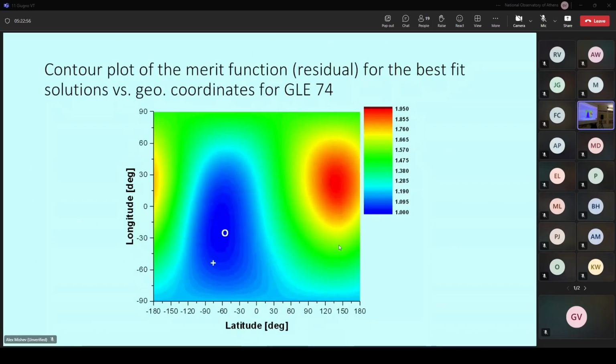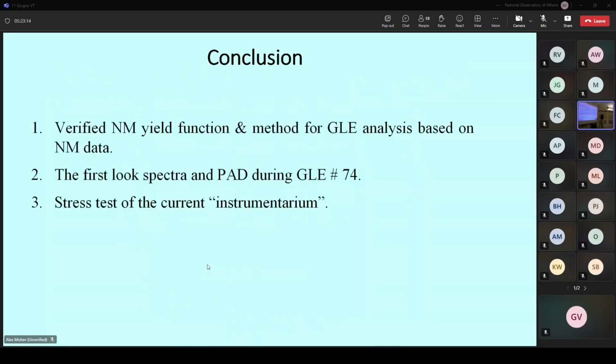Verification of the anisotropy axis position was performed by a Bayesian method. So this is a contour plot of the minimum residual of the fit, where the cross is the direction of the interplanetary magnetic field. And okay, it's my conclusion.